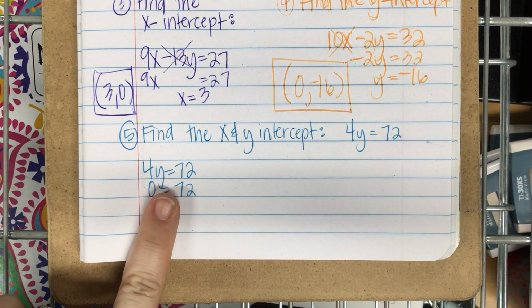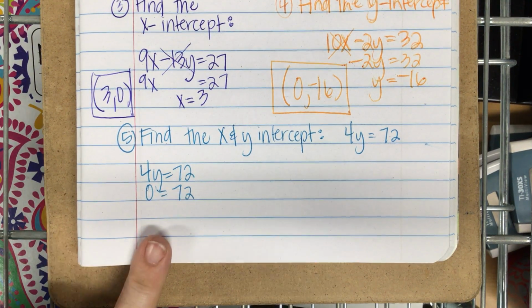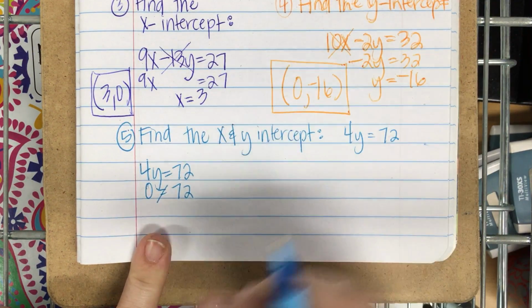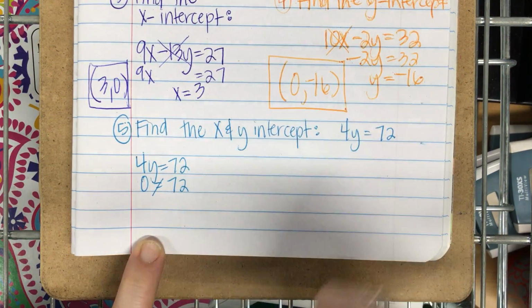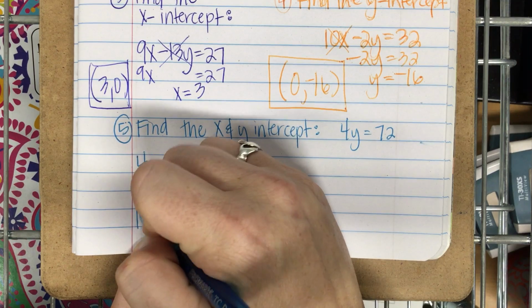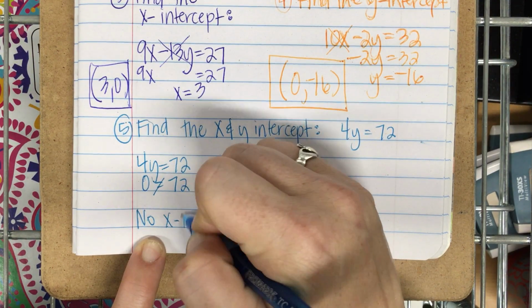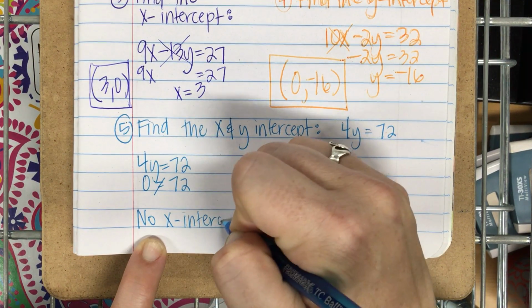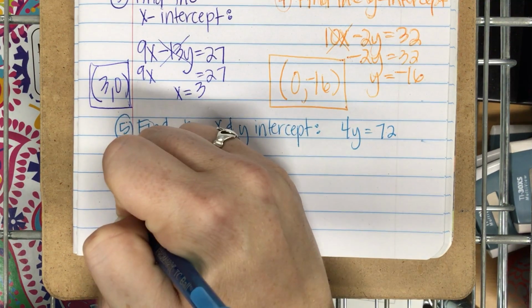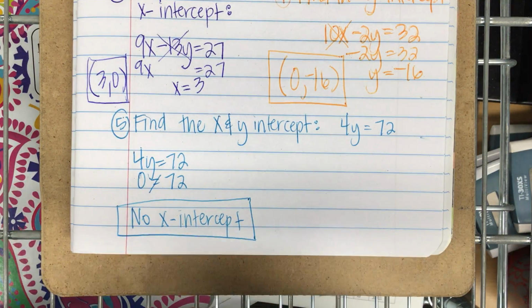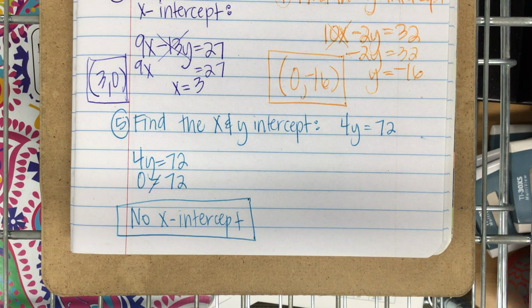So what do you know about it? This line is going to not have one, right? There is no x-intercept. Why is there no x-intercept? What kind of line has no x-intercept? It's a horizontal line.